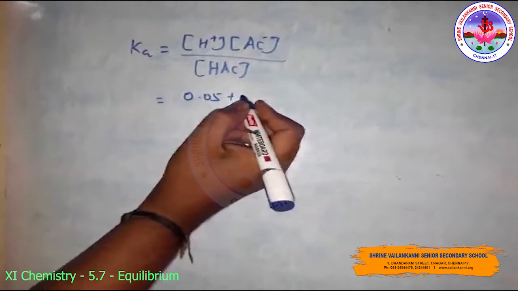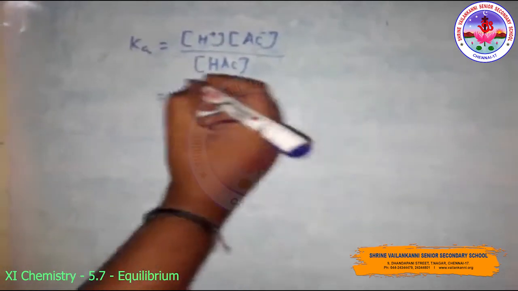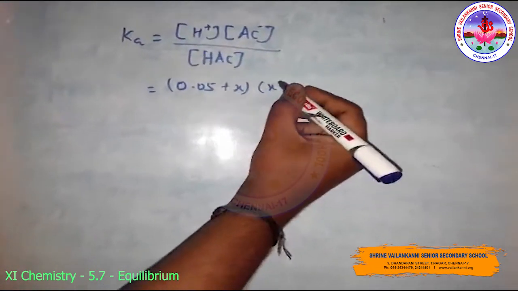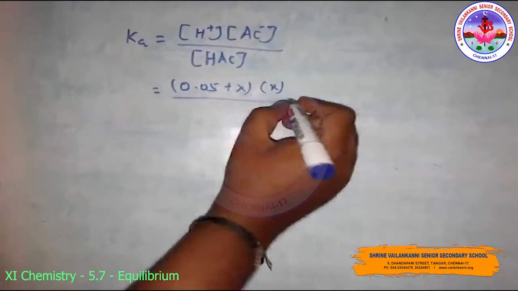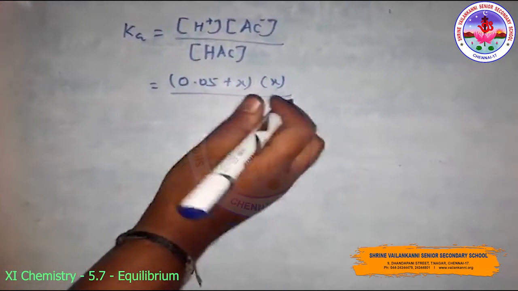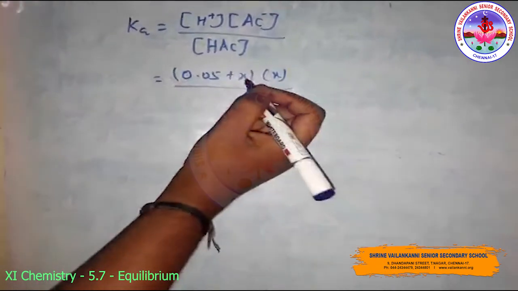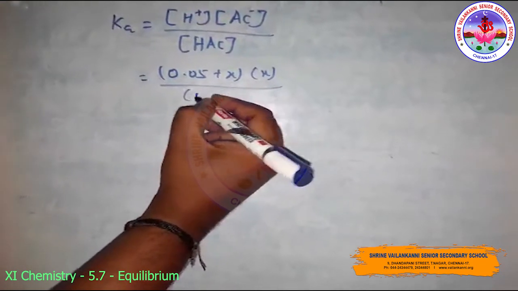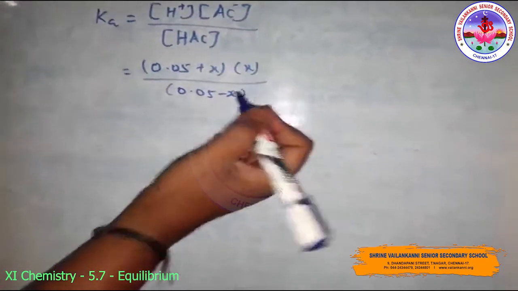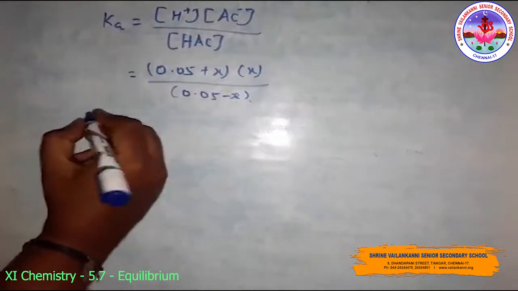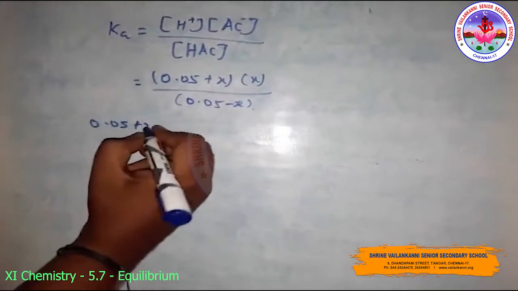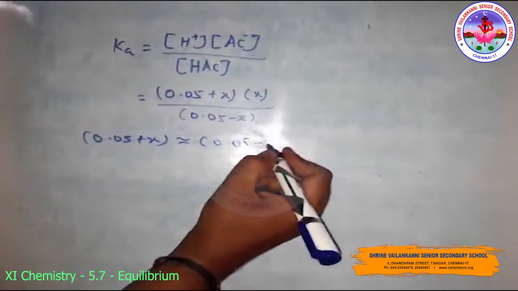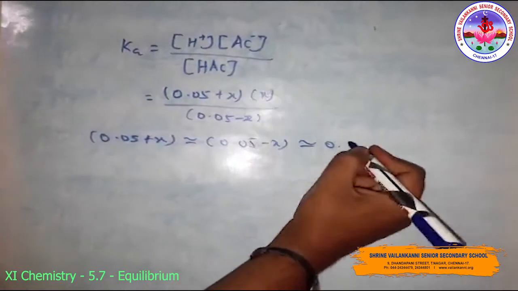Here H plus is x, acetate is 0.05 plus x, and HAC is 0.05 minus x. Here 0.05 plus x is approximately 0.05, and 0.05 minus x is approximately 0.05.